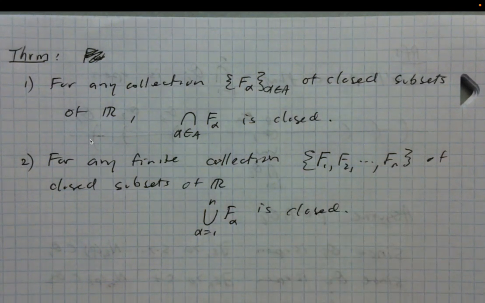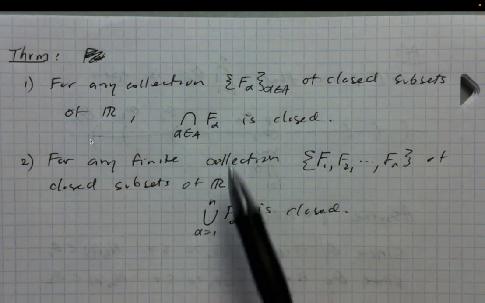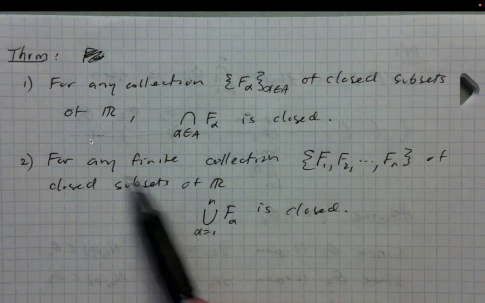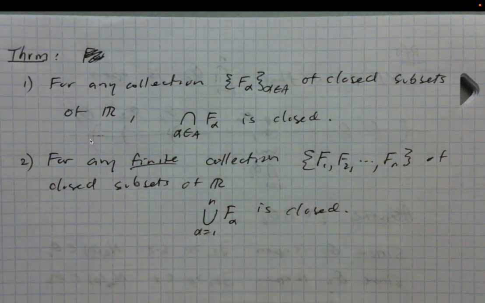Okay. So when we were talking about open subsets, we could have an infinite collection in a union, and we could have a finite collection in an intersection. Now here it's reversed. So here we're talking about closed subsets, so the intersection can be infinite and the union has to be finite. All right, so it's just an important thing to note, that those are reversed.